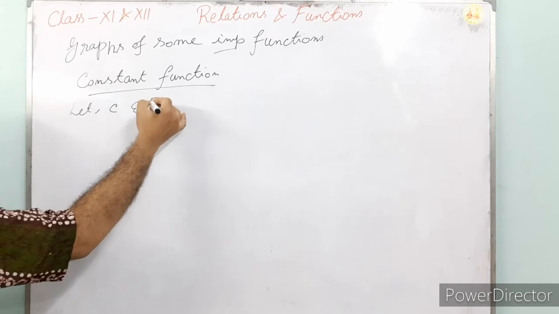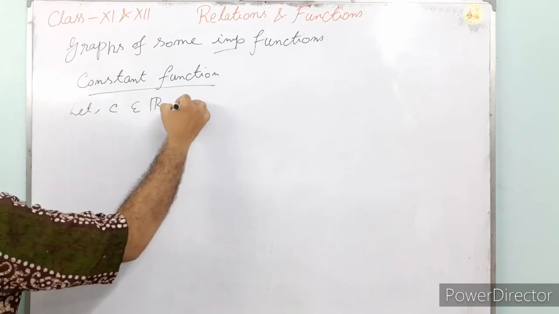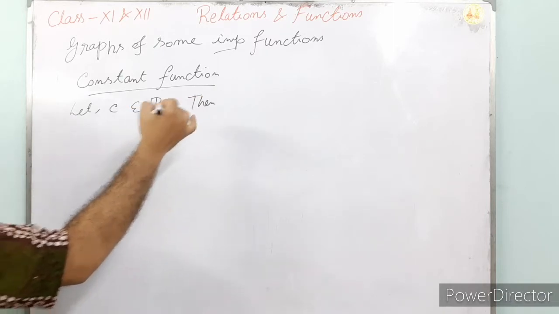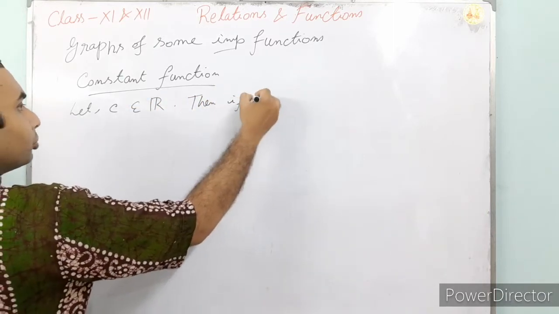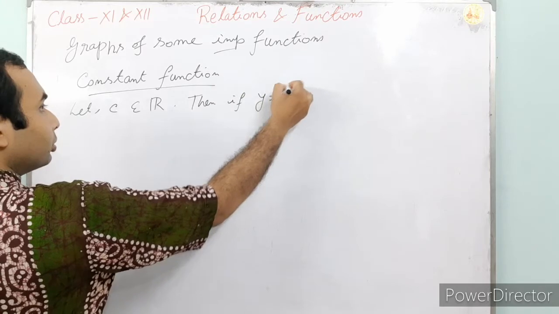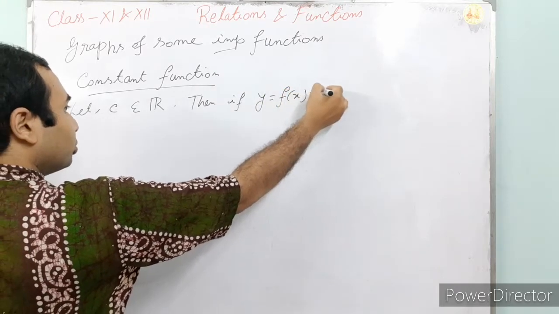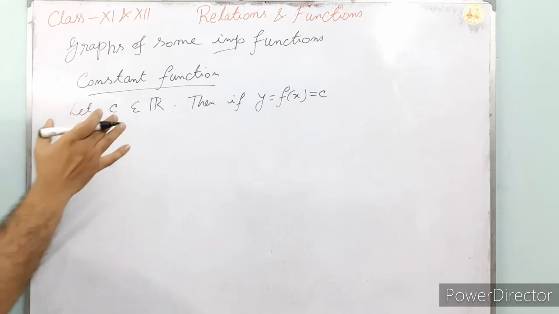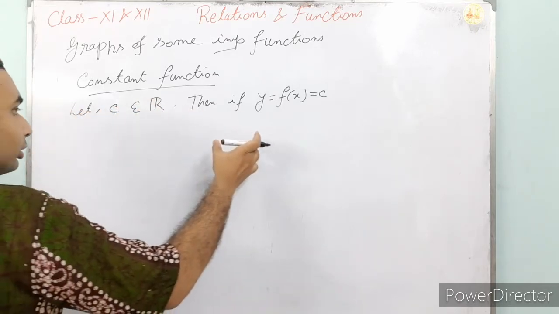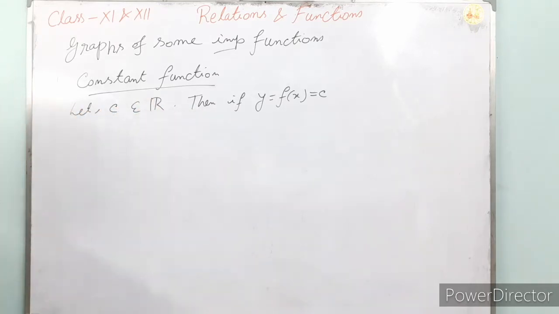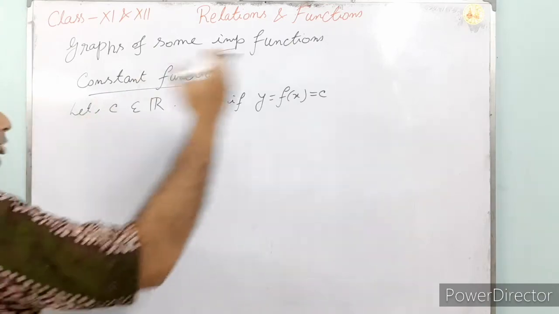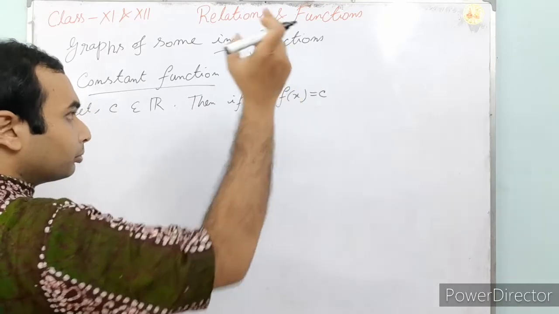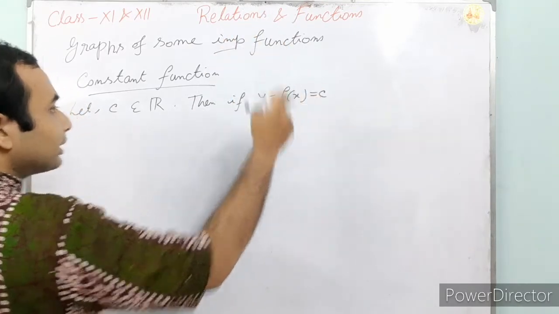Then if we take y equals f(x) equals c, each and every member of the domain will be associated to one and only one real number, that is c.